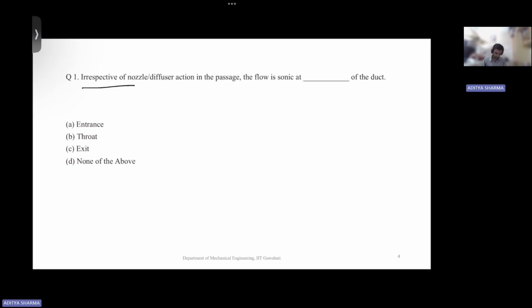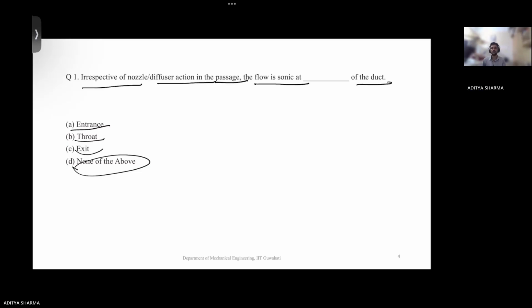The first question says that irrespective of nozzle diffuser action in the passage, the flow is subsonic at dash of the duct. Whether this is entrance, throat, exit, or no option is correct. The answer to this question is very simple. Option B, at the throat, be it diffuser action, be it nozzle action.